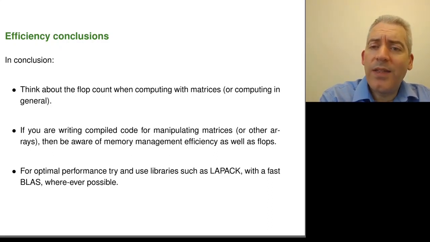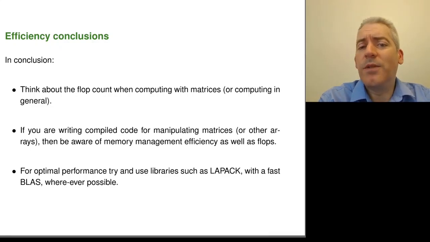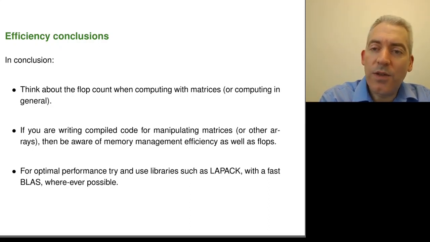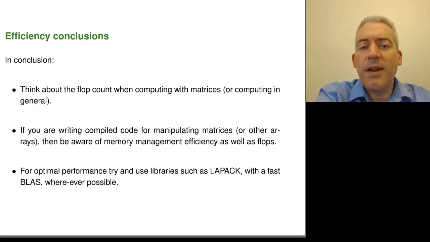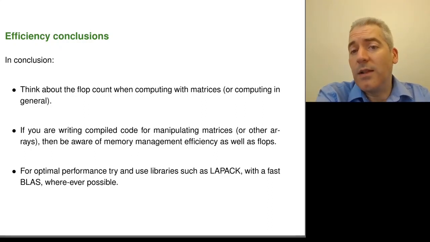But just be aware that there are other issues other than simple flop count. So memory management, how you lay out your objects in memory, how you write your algorithms to index and run over the objects you have laid out in memory can matter as well. And that's just something to be aware of.